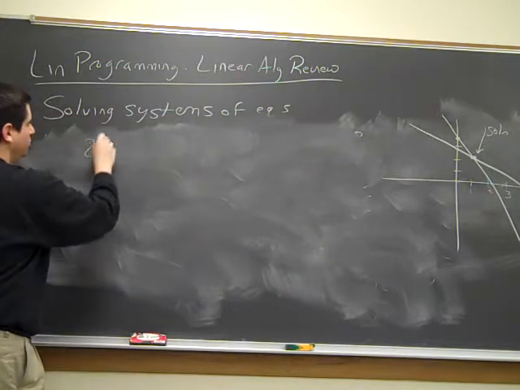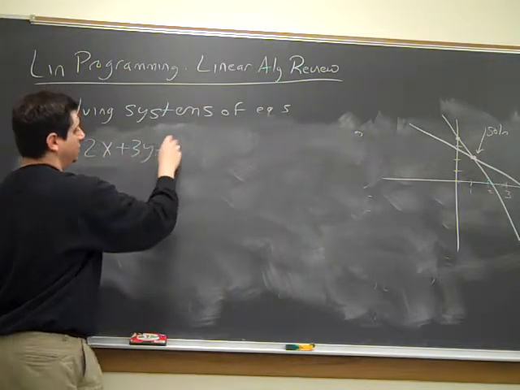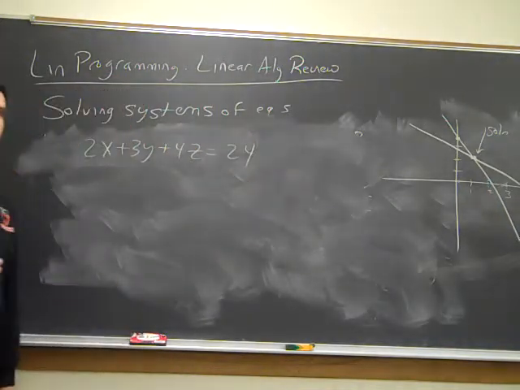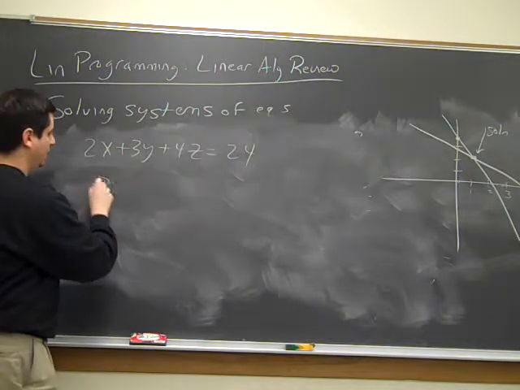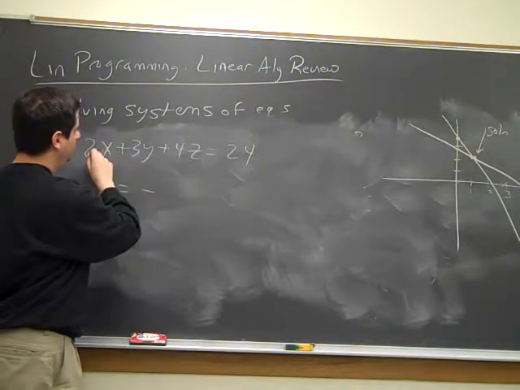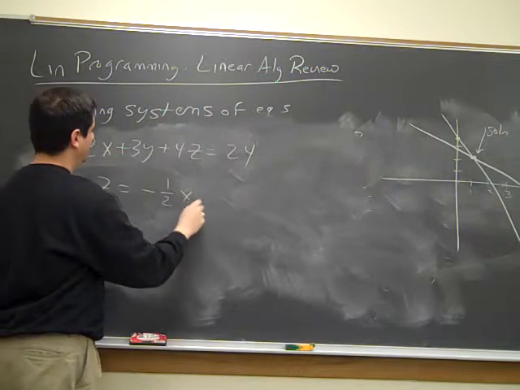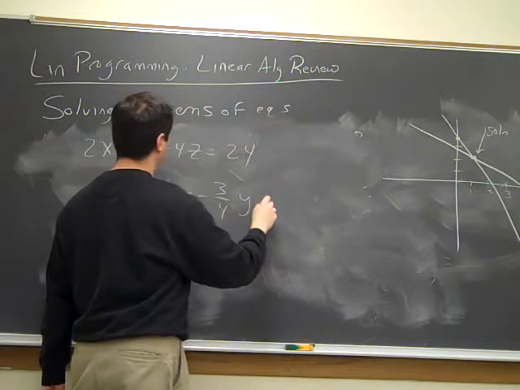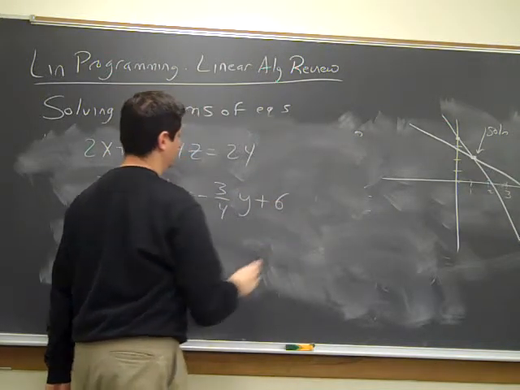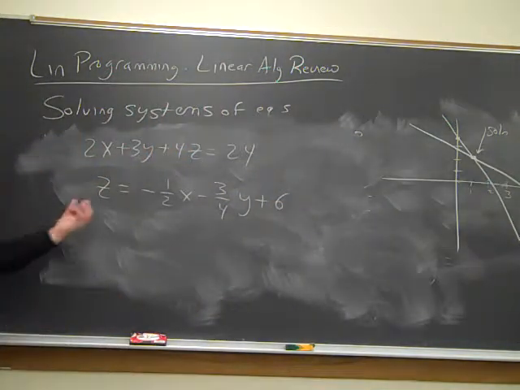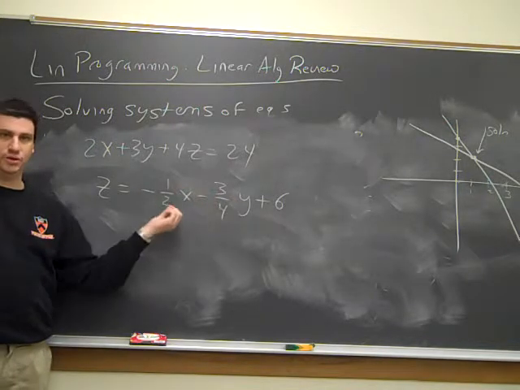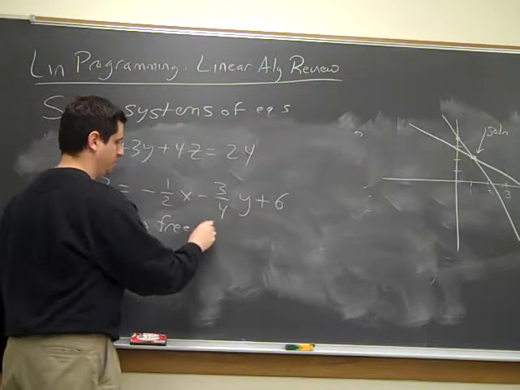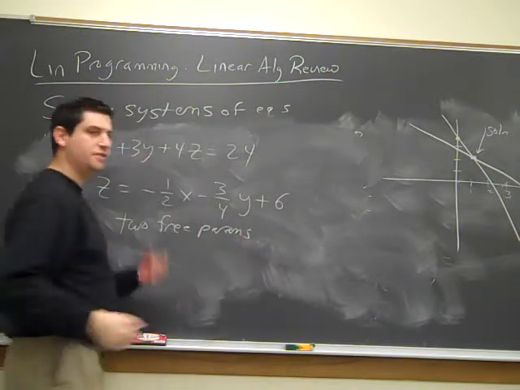And so if we have 2x plus 3y plus 4z equals 24, just so everything divides nicely, you could write this as z is negative 2/4, so negative 1/2 x minus 3/4 y plus 6. And one way to see that this is a plane is you have 2 free parameters, x and y. 2 free parameters. And then the third is determined.